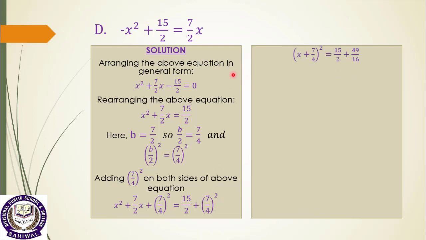Writing the left hand side as a complete square, we get x plus 7 by 4 the whole square equal to 15 over 2 plus 49 over 16, where 49 is the square of 7 and 16 is the square of 4.